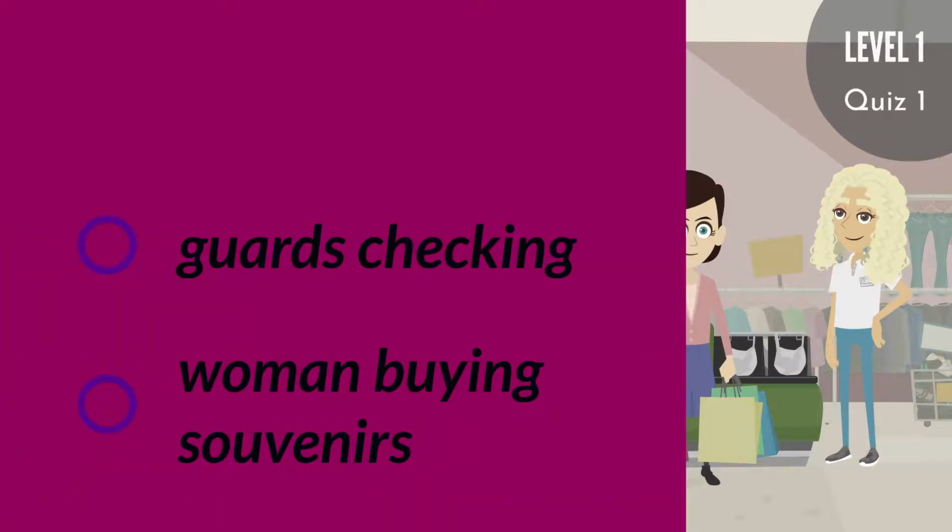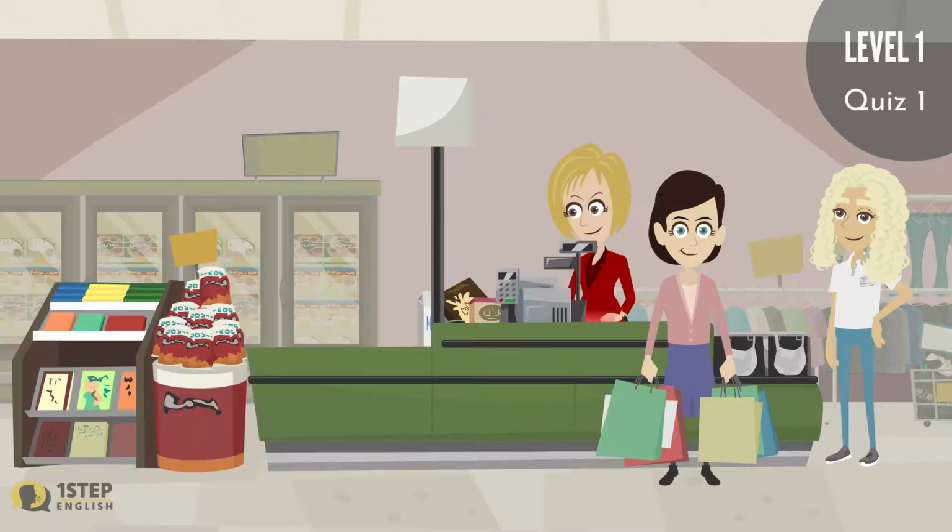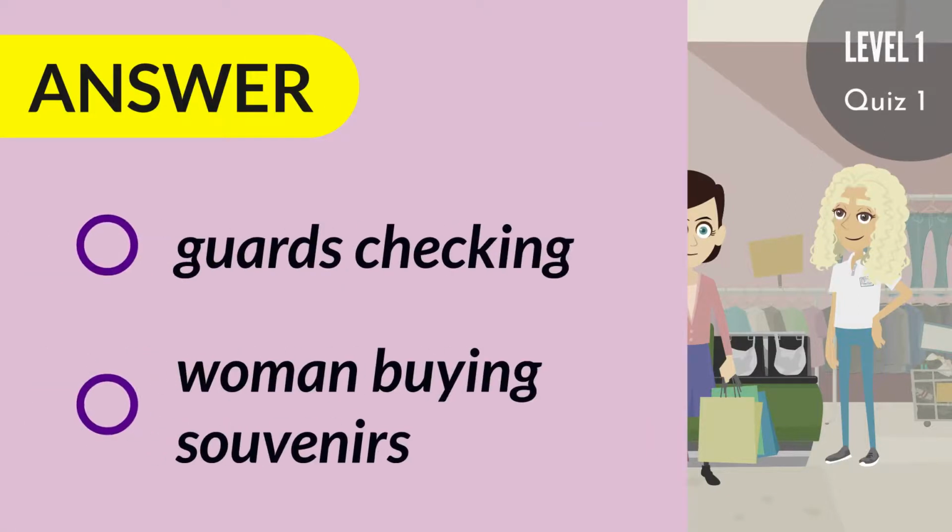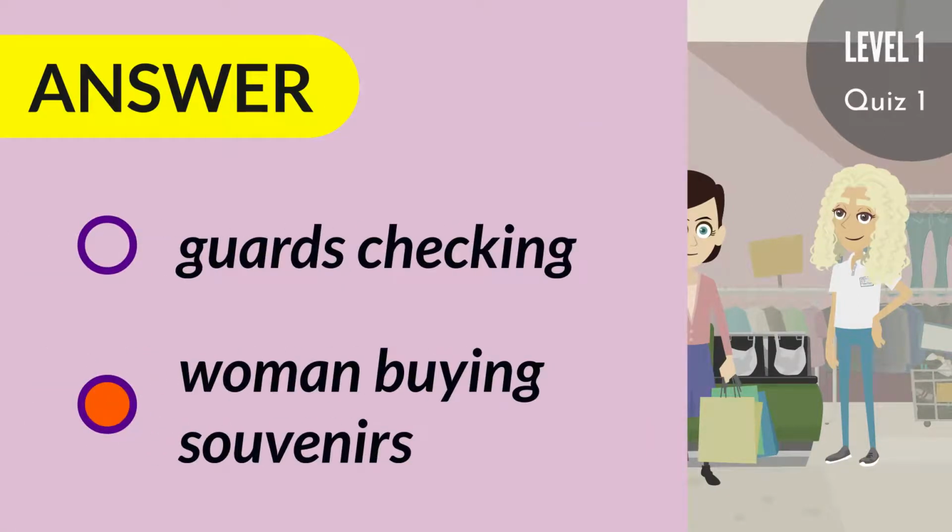Number 6. Guards checking. Or, woman buying souvenirs. The correct answer is, woman buying souvenirs.